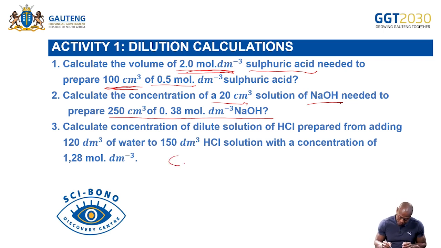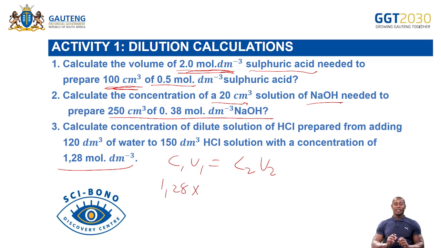So it's going to be C1 V1 equals C2 V2. The initial concentration, for the concentrated solution of hydrochloric acid, is 1.28. Initial volume: let's read and understand the statement. What was the initial volume?